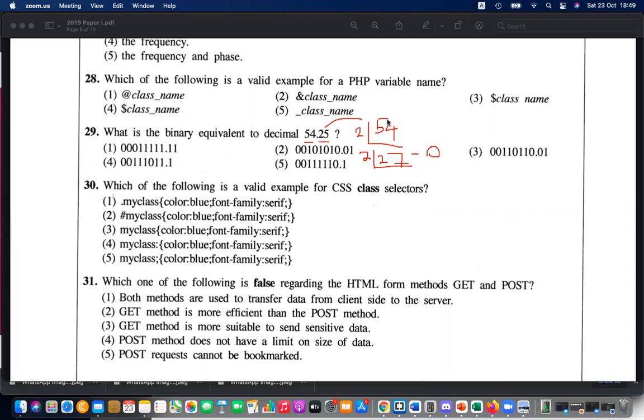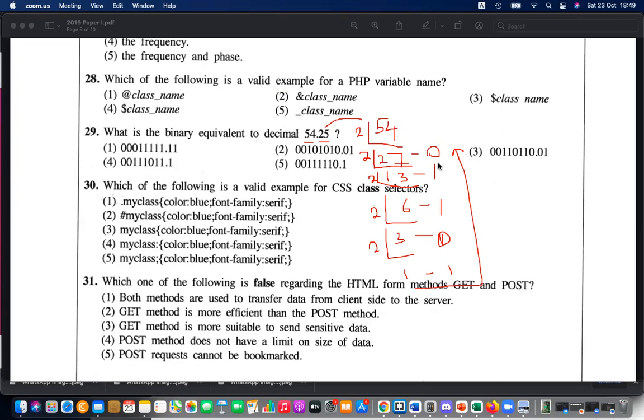Divide by 2 again, 13, remainder 1. Divide by 2 again, 6, remainder 1. Then 3, remainder 0. Then 1, remainder 1. So it is 110110.